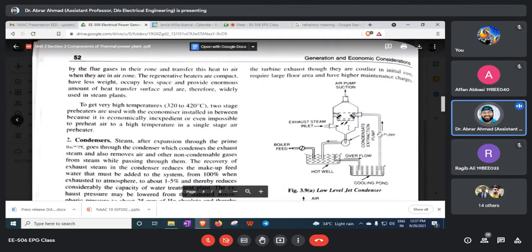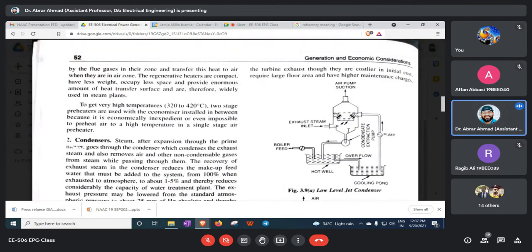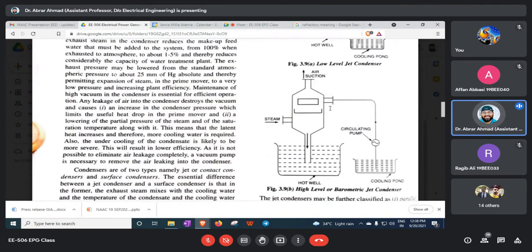This water, which was cool, now becomes hot, but it remains water. It does not become steam. Then it comes into this boiler feed and goes back to the boiler process: heater, superheater, economizer, preheater, all that. Now this is the low level jet condenser.